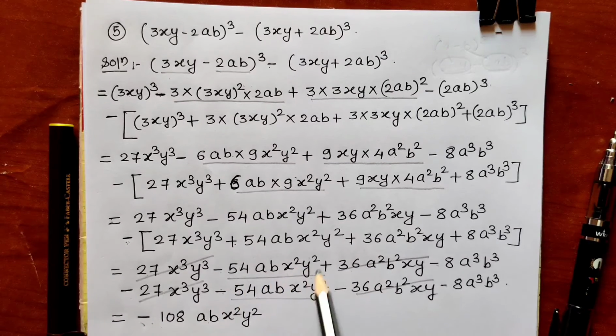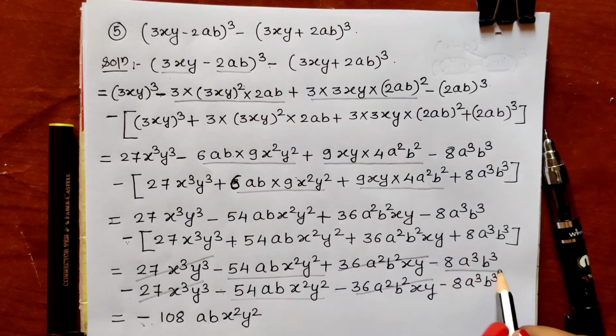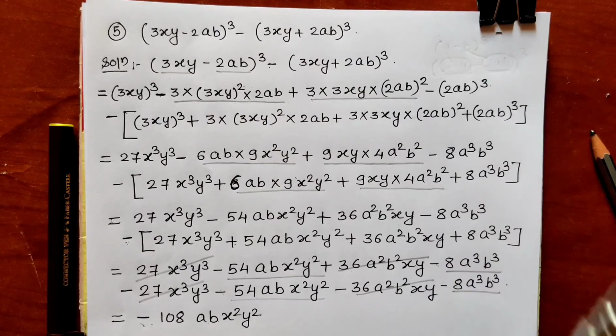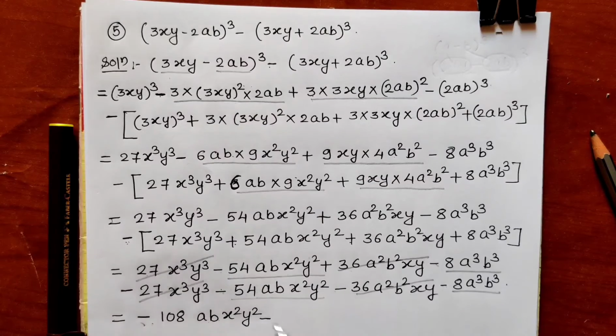54 ab x square y square minus 54 ab x square y square will become minus 108 ab x square y square. Similarly, these two terms are same terms with same sign, so they can be added, but sign should be given minus sign. 8 plus 8 is 16, a cube b cube.